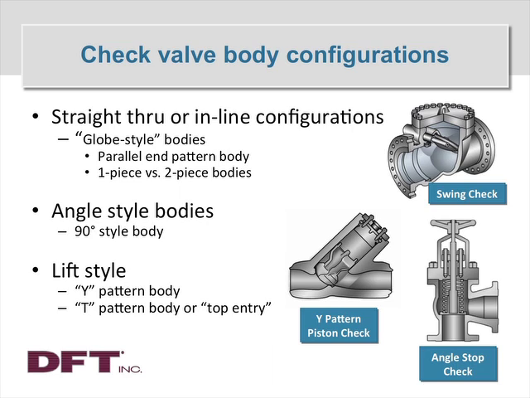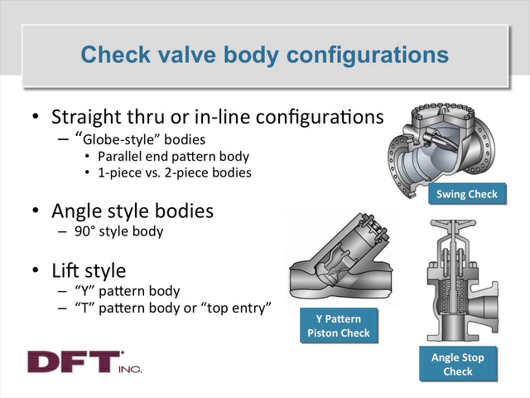You'll see them with these globe-style bodies that are kind of bulbous in the middle. They've got parallel ends sometimes, or they've got angled type bodies, which is a 90-degree style like I'm showing in the lower right-hand corner here. You'll see them with one-piece bodies, two-piece bodies. You'll see them with top entry flanges where you can get access to the internal parts.